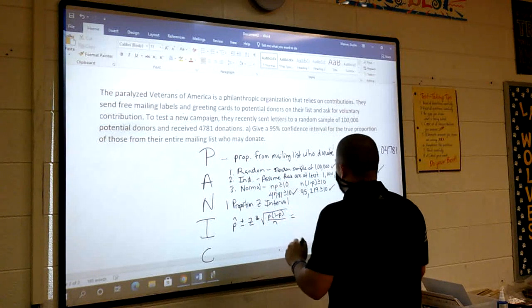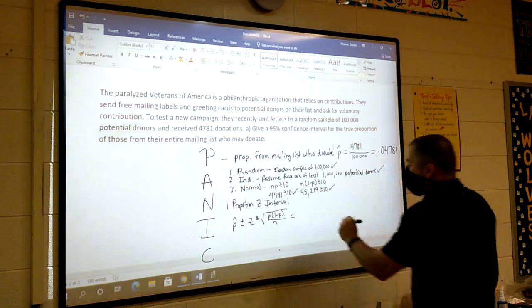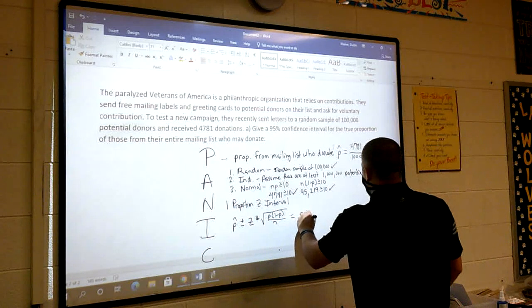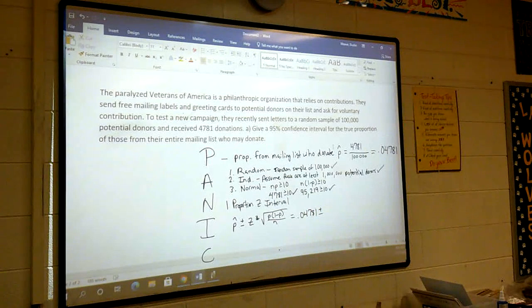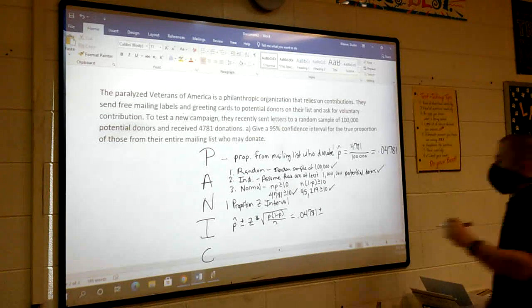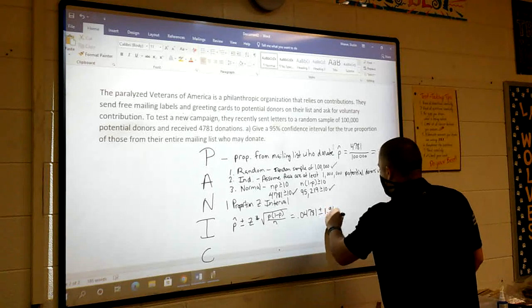So the formula is 0.04781 plus or minus. What Z would we use? 0.95. What Z score would we use? Look back at the Z's on the first page. 95%. So what's the Z score for 95%? Yeah, 1.96.